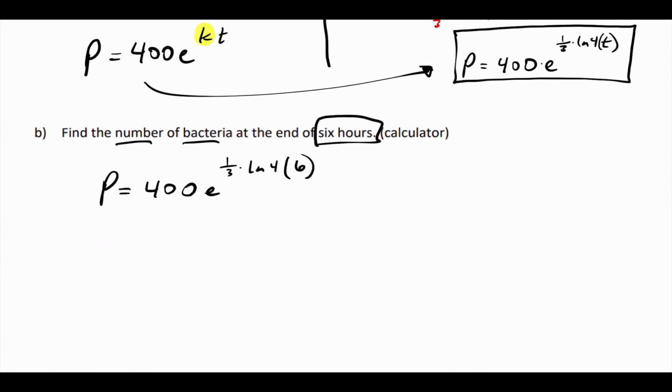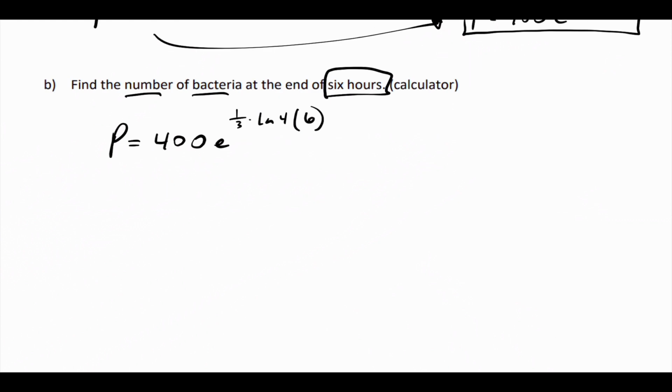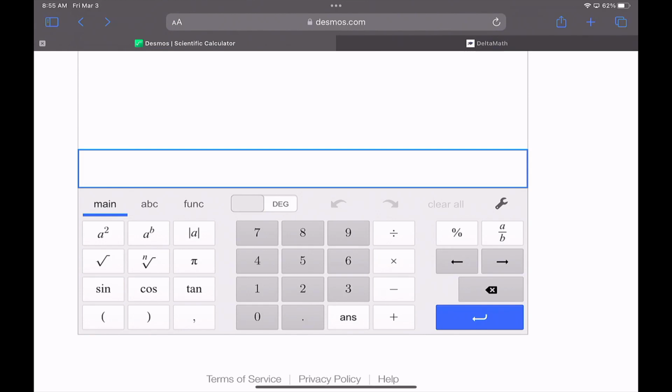This one says you can use your calculator. So we're going to solve for P. Any calculator will do this. Even a $10 TI-30 will do this. So you don't need a special calculator, just a scientific calculator. If you turn your phone over to the side, it turns into a scientific calculator.